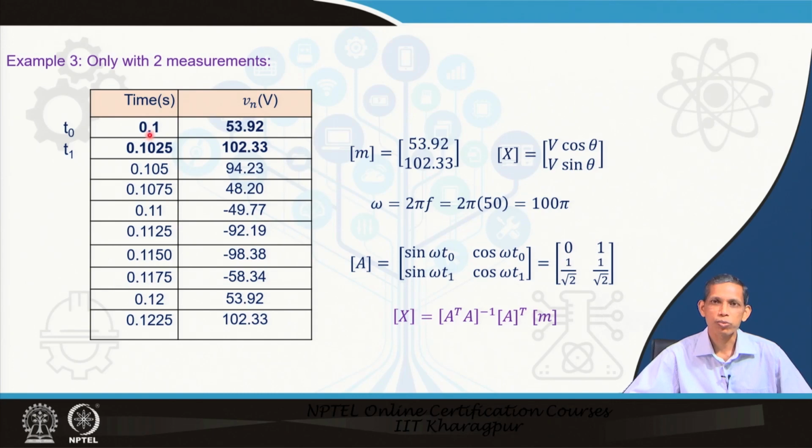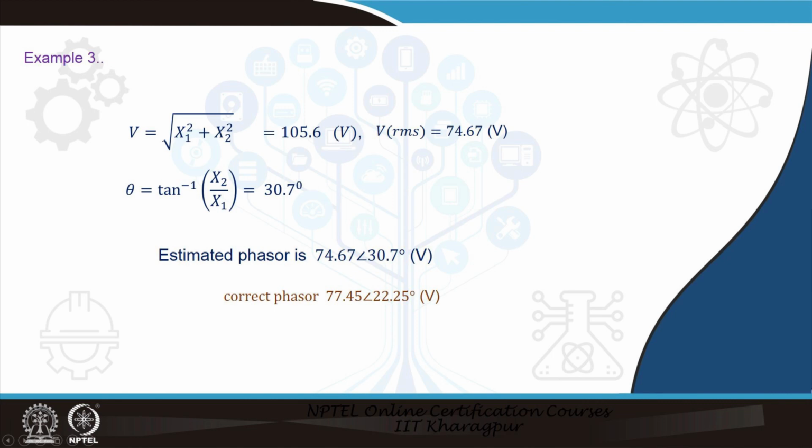Again we take the first two samples of the distorted signal, at T naught and T 1. We progress like this with m and x. Only m is changing; x and A stay the same as considered earlier. We apply this and calculate, and we get the corresponding x to be this.